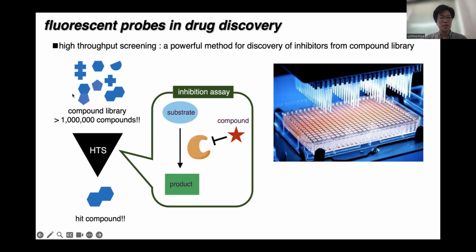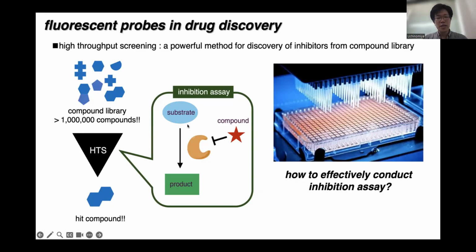For example, sometimes a compound library includes more than a million compounds. And the researchers want to find a drug candidate from this library. So in this assay, the researchers conduct high throughput screening and find a hit compound. And in high throughput screening, they conduct an inhibition assay.